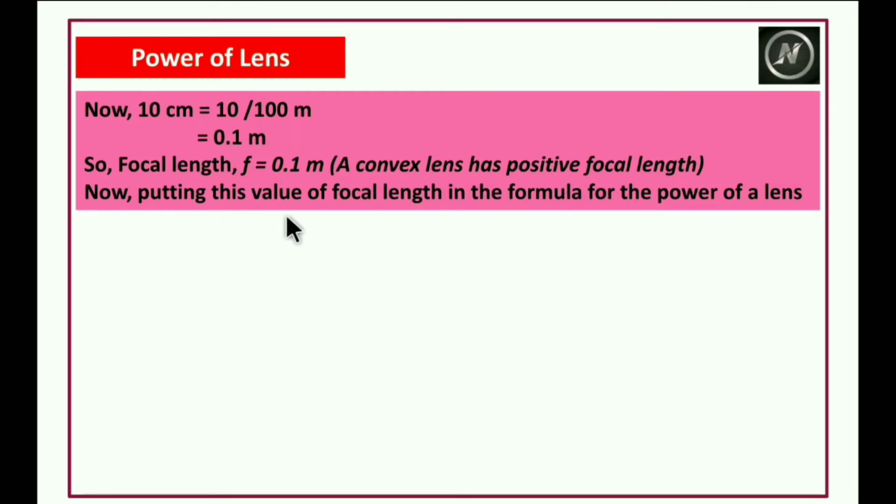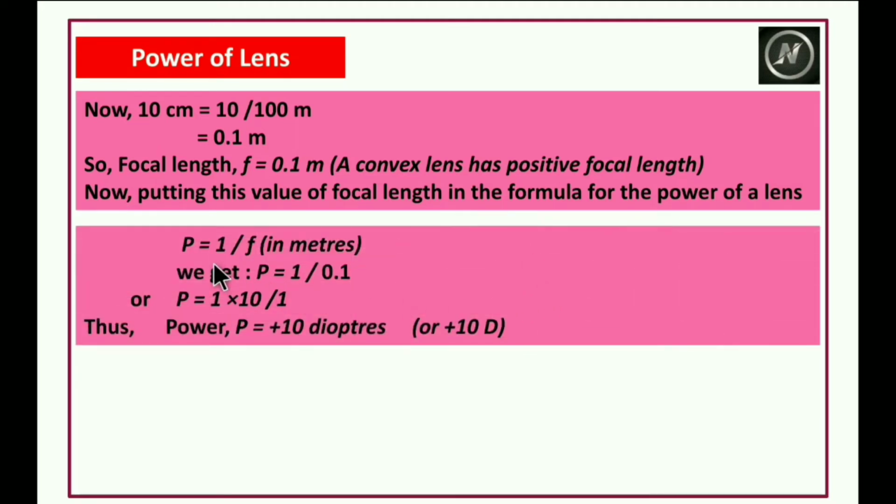Now putting this value of focal length in the formula of power of a lens, P is equal to 1 by F in meters. So P is equal to 1 by 0.1. If you simplify this, we get P is equal to plus 10 diopters, plus 10 D. This is the power of the lens.